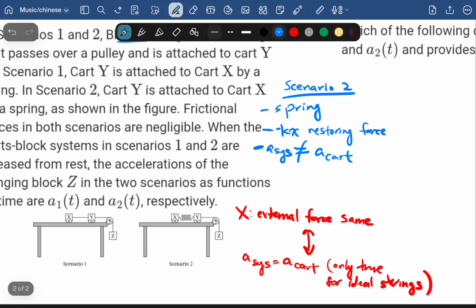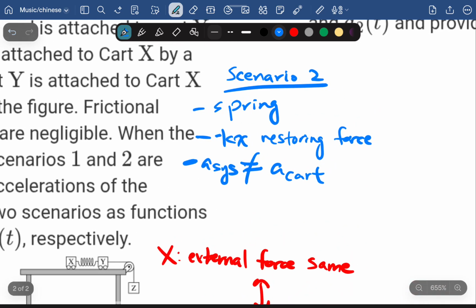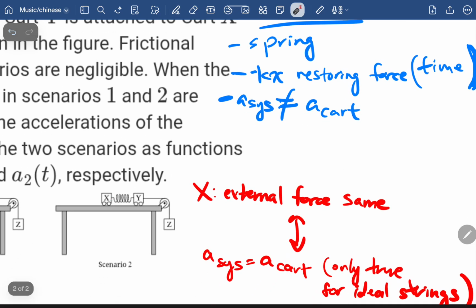So the restoring force does depend on time here, because it's going to oscillate between stretched out and relaxed length, right?